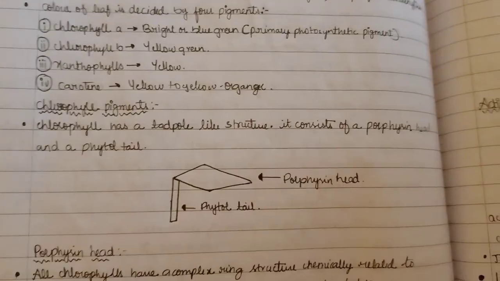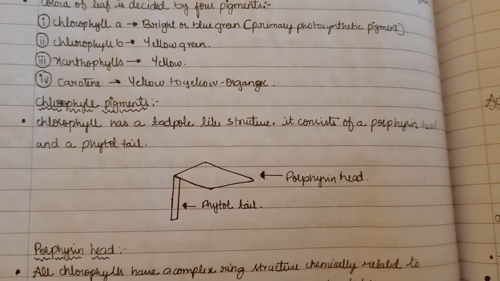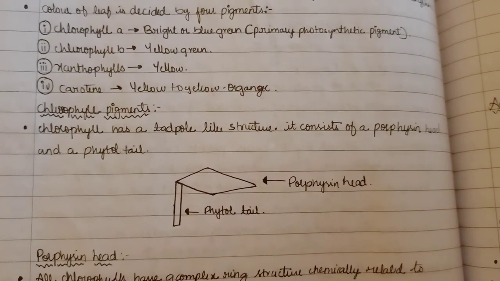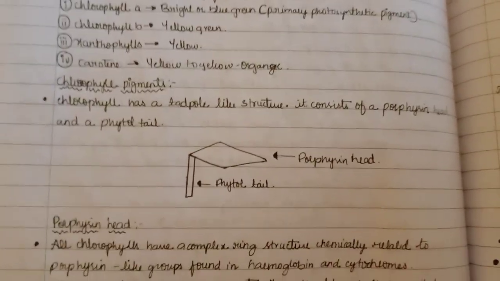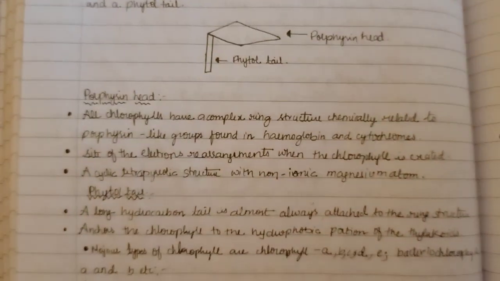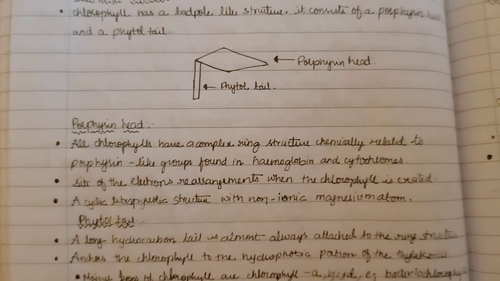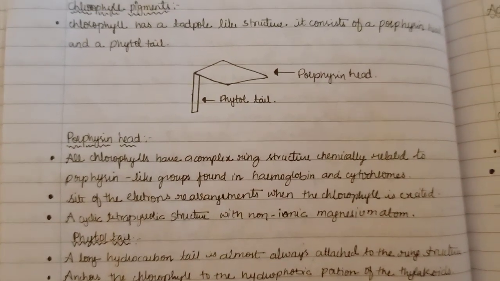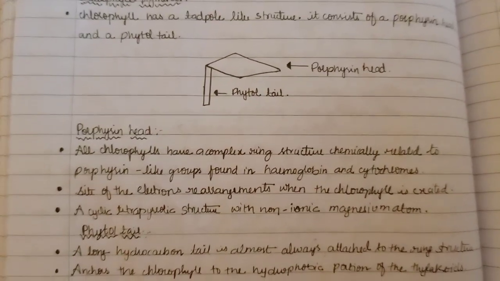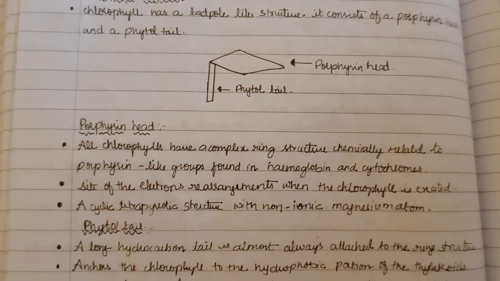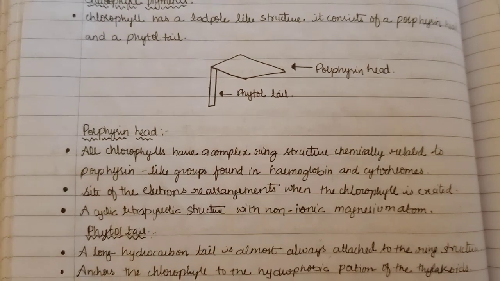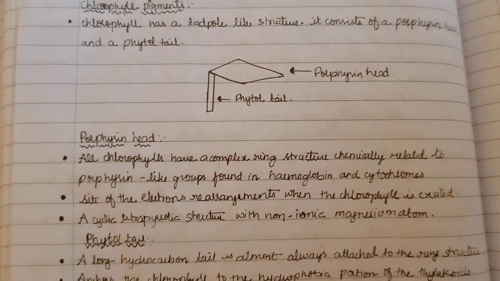Now, chlorophyll pigments. Chlorophyll has a tadpole-like structure. It consists of a porphyrin head and a phytol tail. Porphyrin head: all chlorophylls have a complex ring structure chemically related to porphyrin-like groups found in hemoglobin and cytochromes. It is the site of electron rearrangement when the chlorophyll is excited.